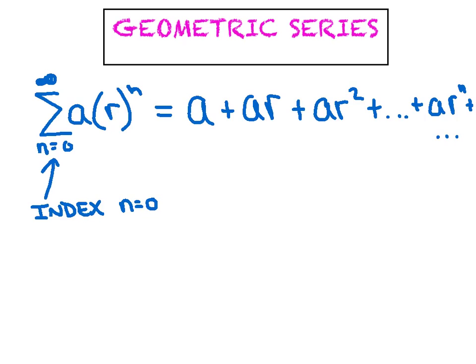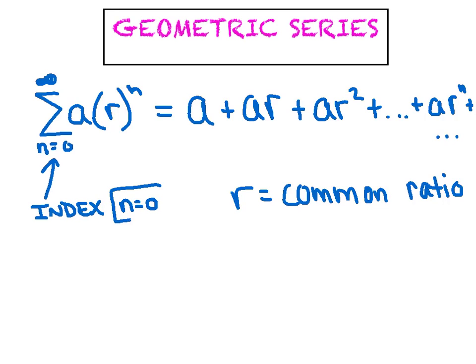A couple of things. R is what we call the common ratio. That's going to be extremely important. And just emphasize the fact that if it's geometric, it starts at n equals 0.